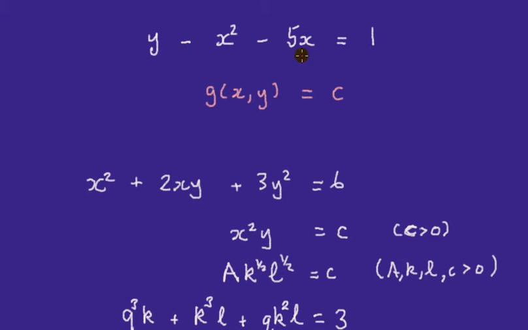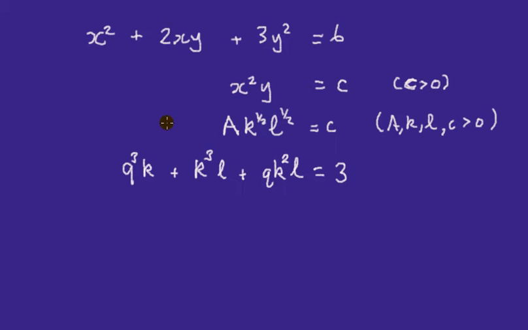So in this case, where I've got this equation, it's quite obvious I can rearrange y in terms of x and use normal differentiation. But we can also do implicit differentiation on this form, and we'll get the same answer. Okay, let's consider some more examples of implicit functions. So here is an implicit function. You've got two variables, and you've got a number on one side. Here's another one.